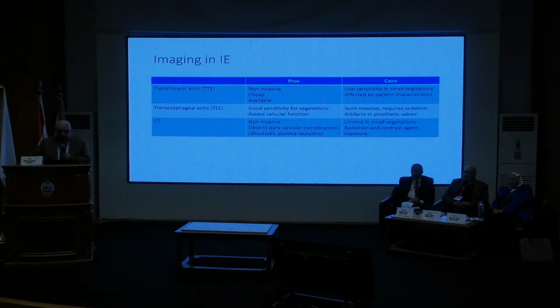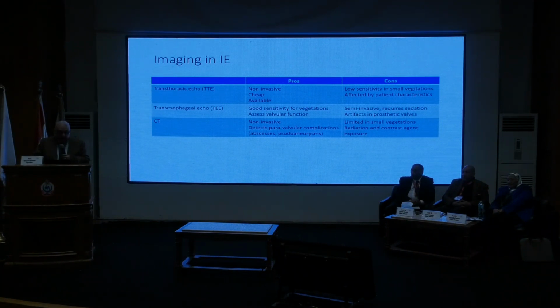Regarding imaging and infective endocarditis, the first line of imaging is transthoracic echo. Of course, it's easy, non-invasive, and available everywhere. But it has some disadvantages. It has low sensitivity for small vegetations, and it's not very easy to use when the patient is obese or overweight.